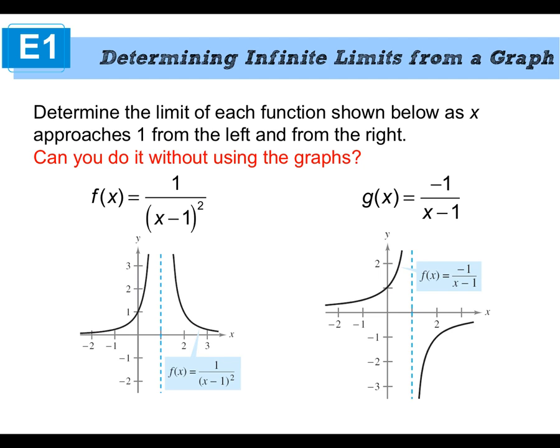So notice, if I asked you for the limit of f of x as x approaches 1 from the negative, what's the answer? Shall I say it again? What's the limit of f of x as x approaches 1 from the negative? Positive infinity, good. Where's this going?